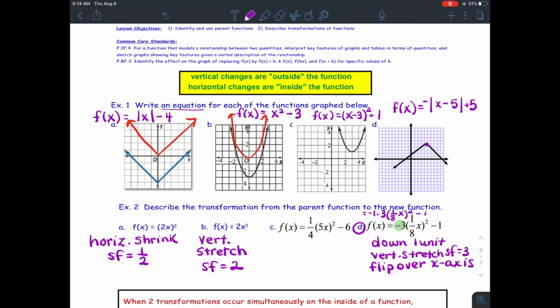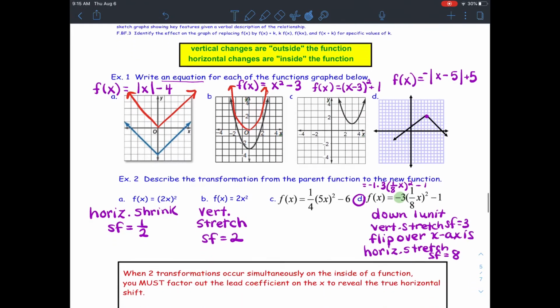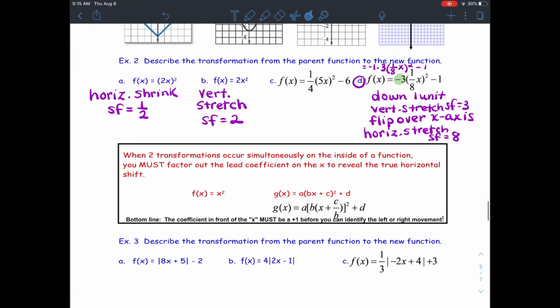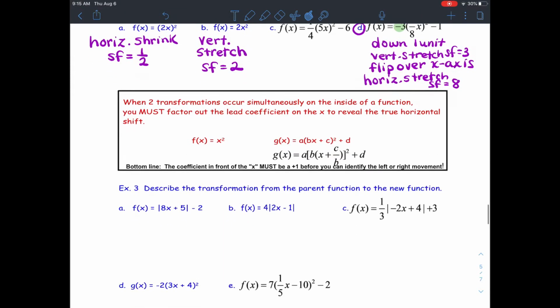Now the -1, I'm going to call that a reflection or a flip over the x-axis. Now on the inside, I'm multiplying by a fraction between 0 and 1, so I'm going to call that a horizontal stretch, and my stretch factor is the reciprocal of 1/8, it's 8.